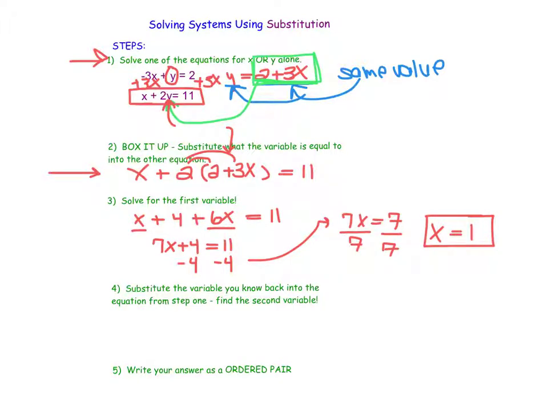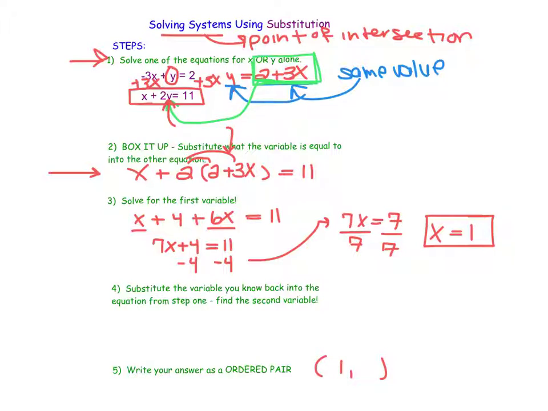Now remember, when we're solving a system, we are finding a point of intersection. So essentially what I found here, when I find a point of intersection, when I find my x value in my ordered pair, is that my x value is 1. And now what I need to find is the y value that pairs with it.